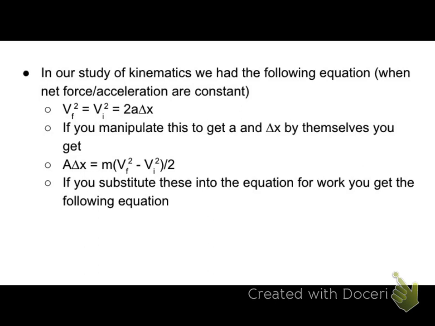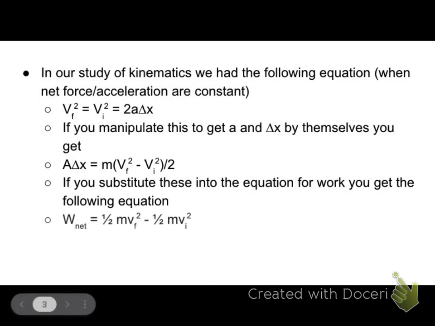If you then substitute this equation into the equation for work, what you wind up with is an equation relating work and kinetic energy. So net work, the total work for an object, is 1/2 mass times velocity final squared minus 1/2 mass times velocity initial squared.